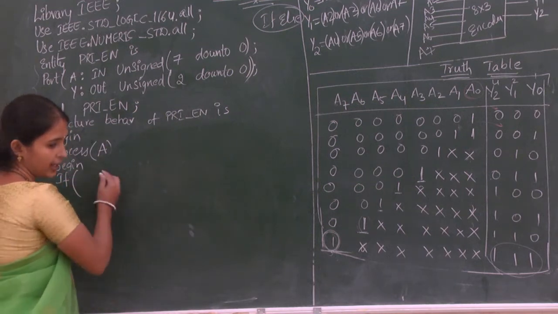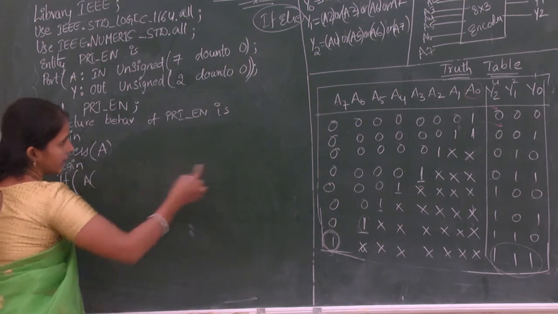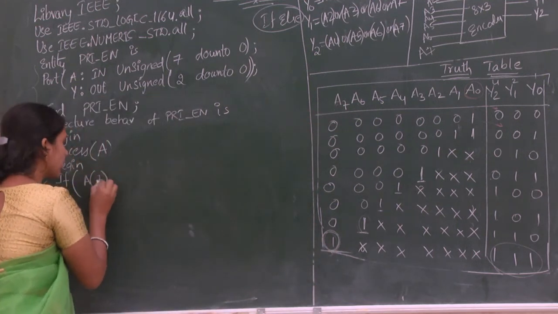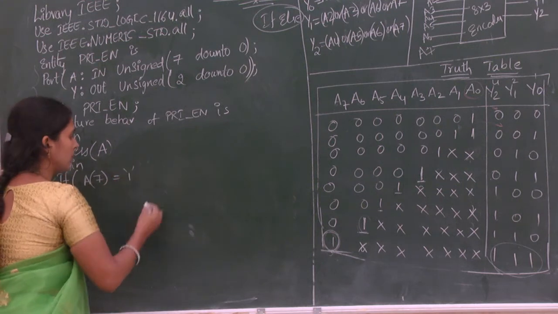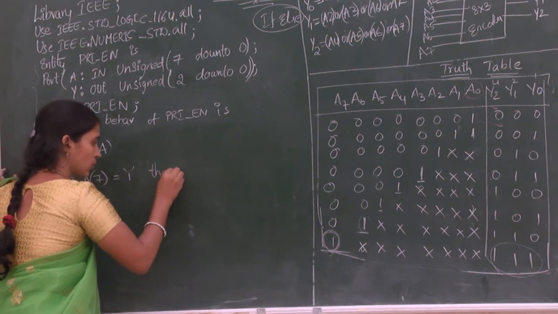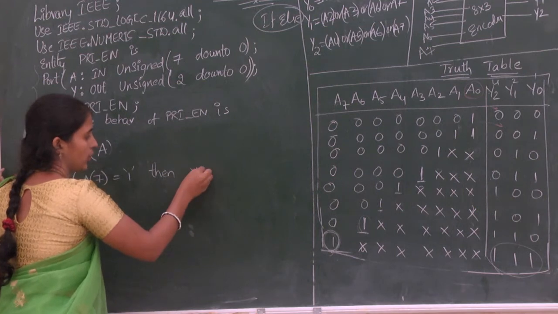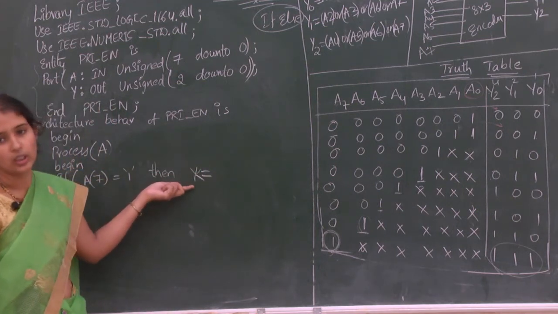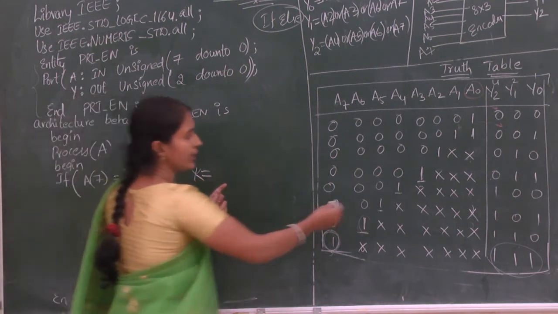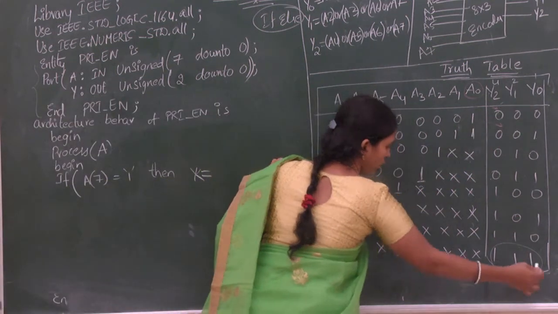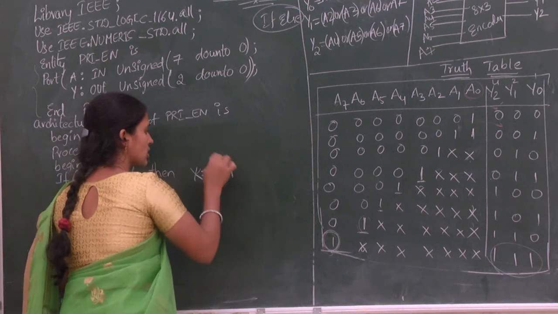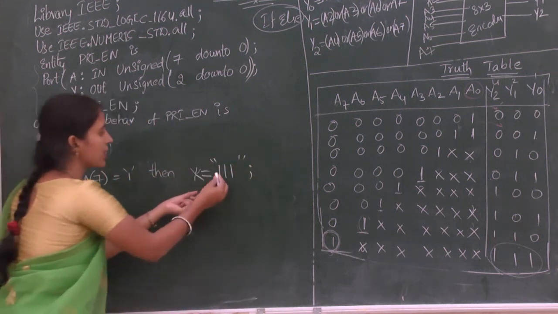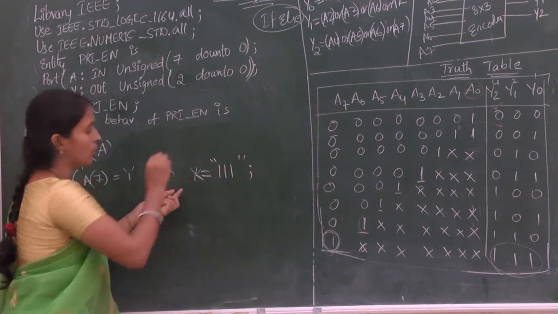If A of 7 is equivalent to 1, then Y will be, this is your assignment operation, that means you are assigning this value to Y. What will be our Y? All ones. I am just representing it with double quotes.